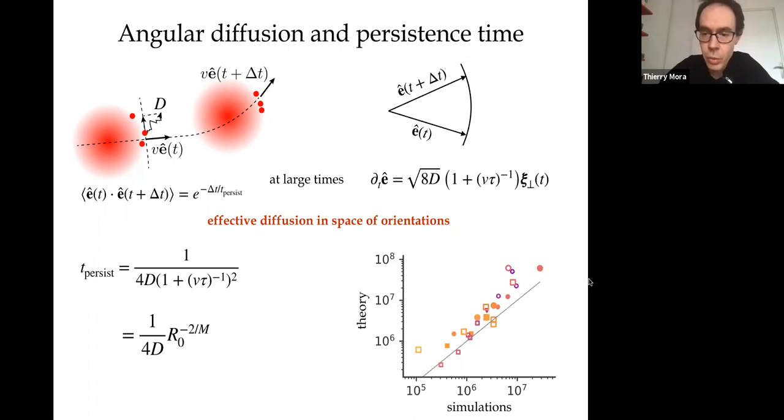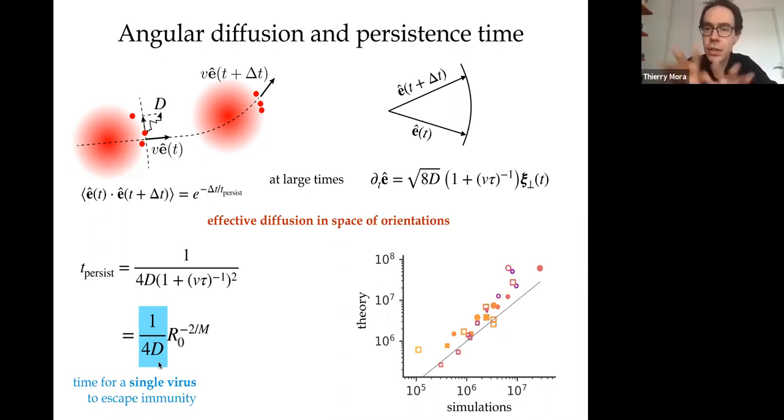Okay, so we can also check that it agrees well with the simulations. This persistence time is essentially proportional to 1/d, and 1/d is essentially the time it takes for a single virus strain under no selection, just neutrally, to escape immunity. That is, to walk by a distance 1 in antigenic space.